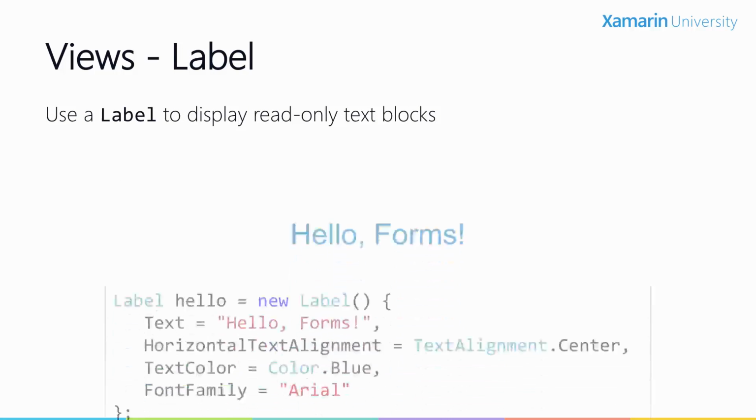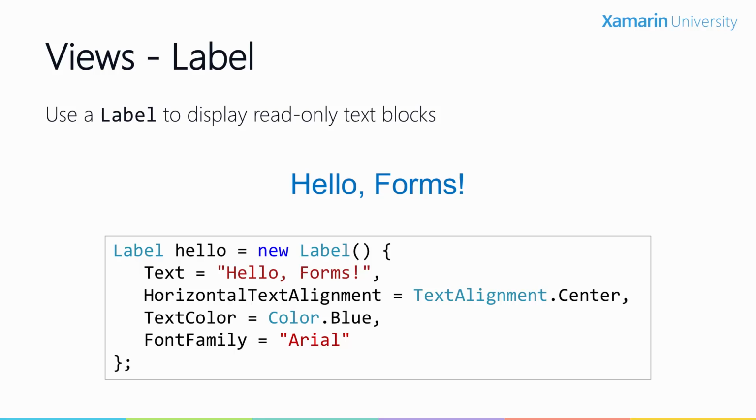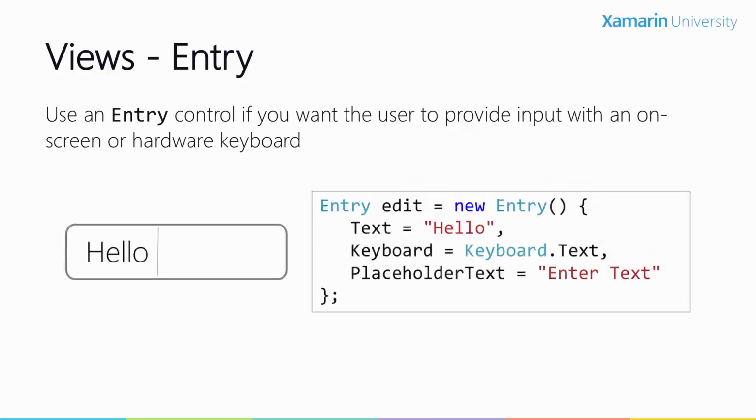Another example, here we have the label. Again, the label has got various properties. Here we can set the text, we can set the color, we can set the font, and it will render as a native label. Last one, entry, which allows our users to enter something. If you tap in there, it's going to bring up the virtual keyboard.